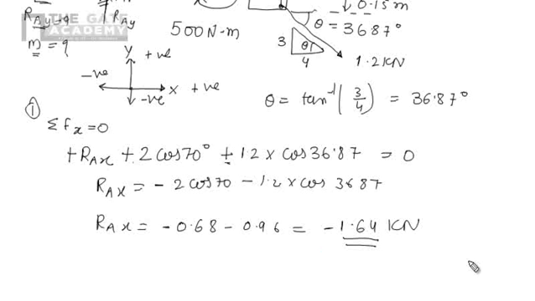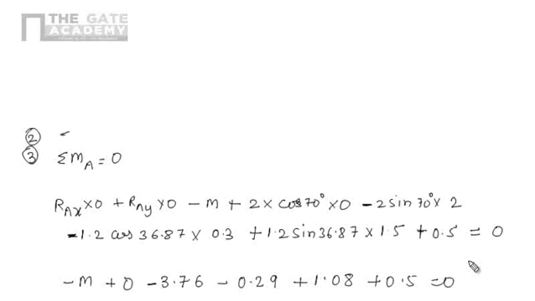Now consider condition number 2: the algebraic summation of all vertical forces should be 0. In the vertical direction we have Ray. Ray is in the vertically upward direction, so positive.